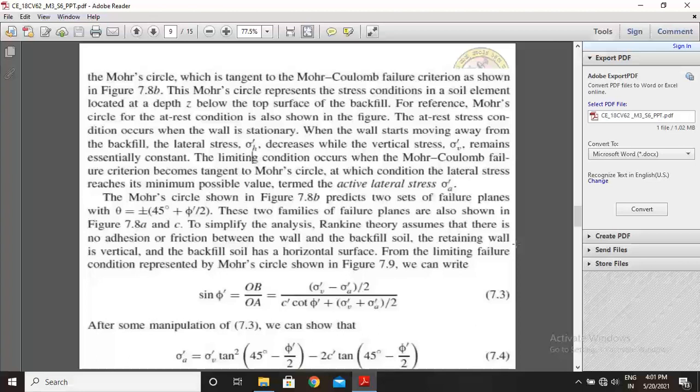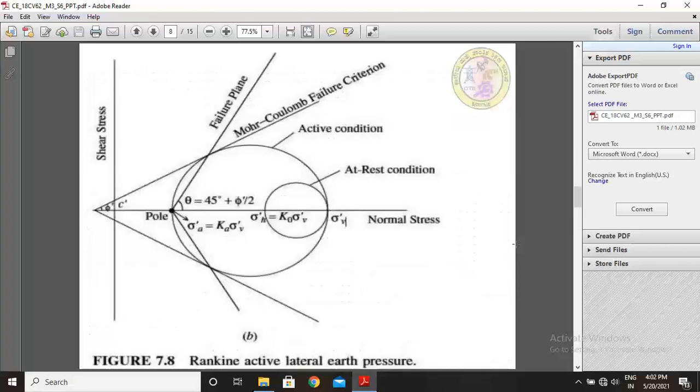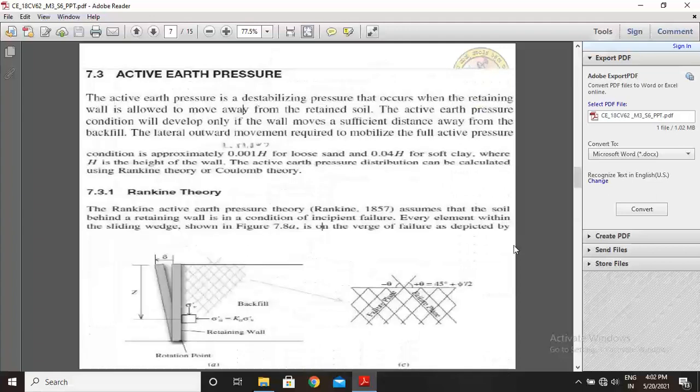These two families of failure planes are shown in figure 7.8a and c. So this is a and this is a. We have seen the theta value here.